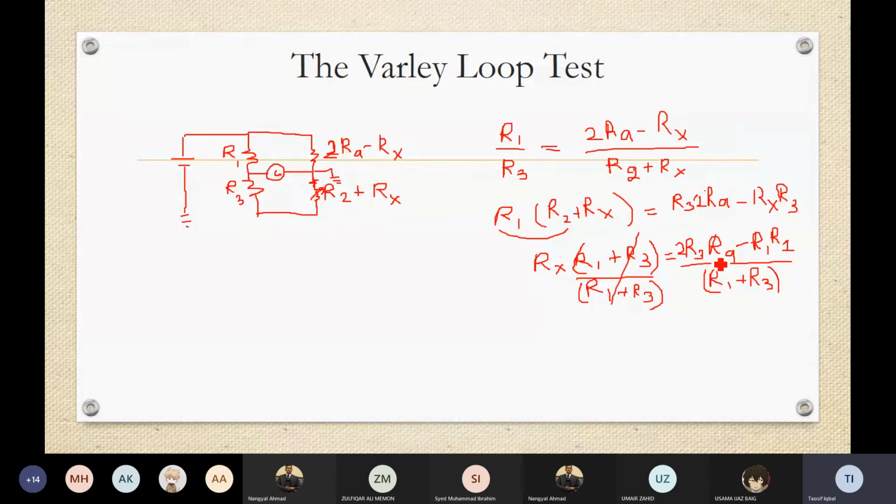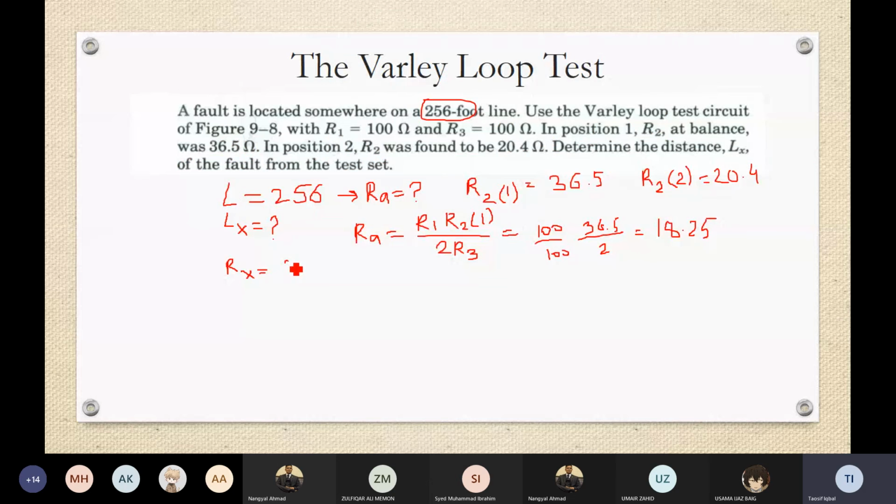So for Rx, we have 2 times R3 RA minus R1 and R2, and this time we'll take R2 of position 2 because this is now the second position value, and divided by R1 plus R3.